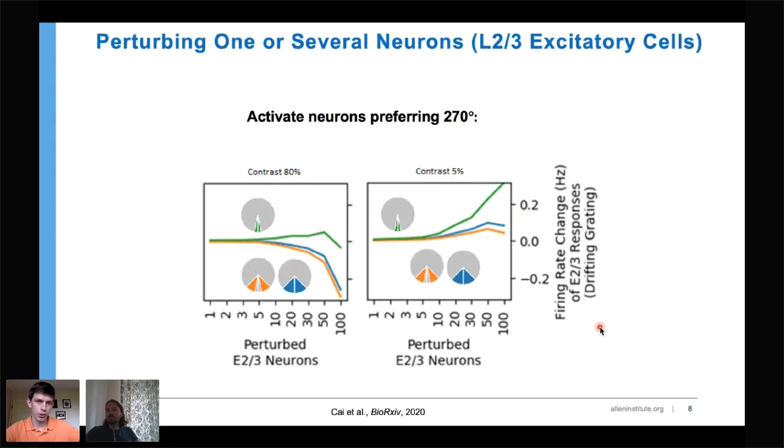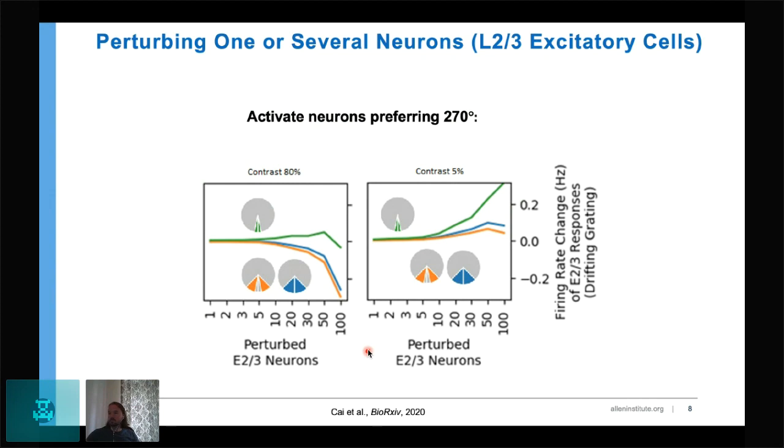Looking further, this is an example of trying to make a prediction now with the model, which is reported in this bioRxiv paper, where we basically show that the system can switch between efficient and robust coding. So here we excite a certain number of neurons that are similarly tuned, from 1 to 100. And then in these orange and blue lines, look at what happens with similarly tuned neurons.